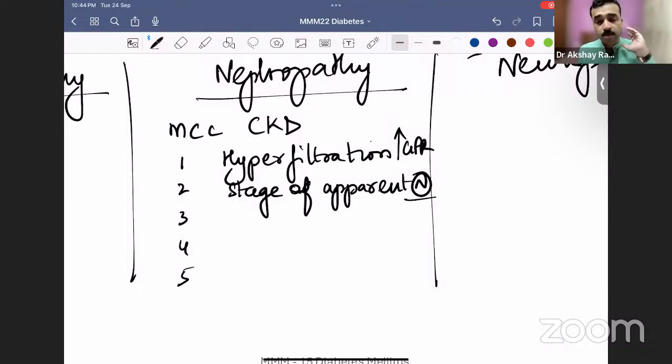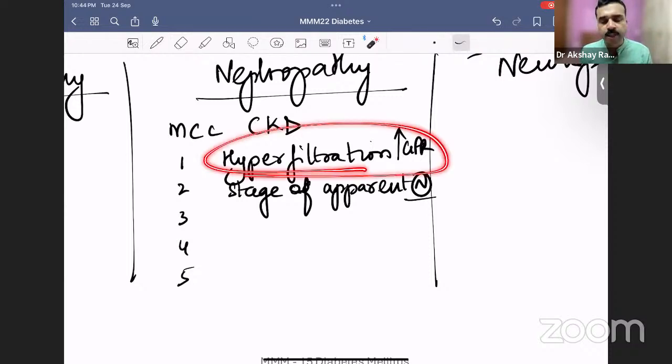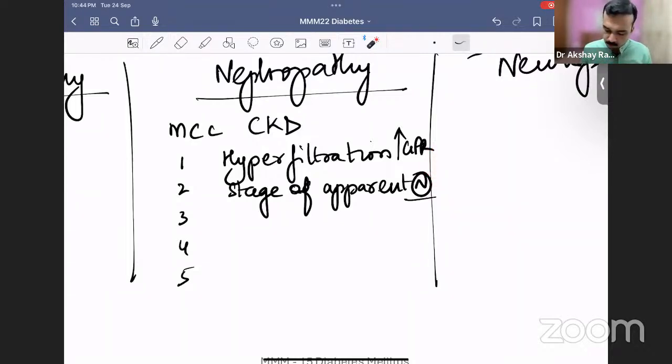Because of hyperglycemia and the osmotic effect, it went up to 150, and now from 150 it starts declining. So it's come back to 125, but it's actually reduced. That means the glomeruli are now beginning to malfunction. That's why the GFR is apparently normal, but it is actually reduced, and it is going to reduce further. When it reduces further, slowly they start going into CKD.